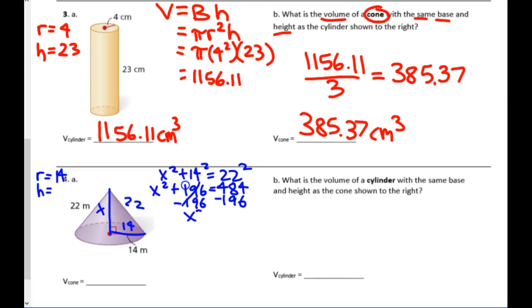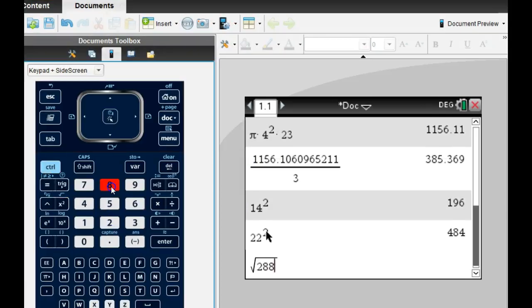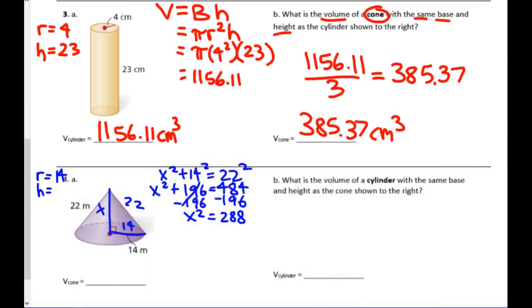That should give me 288. And then the square root of 288 rounds to 17, okay? So my height, my h that I got using Pythagorean Theorem, is 17.